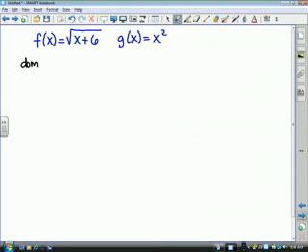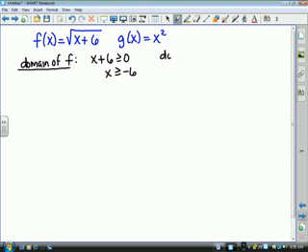Okay, so we would say, okay, what is the domain of f? So how do I do that? Greater than or equal to 0. Make that 6 over, greater than or equal to negative 6. Okay, what's the domain of g? All real numbers. Polynomial, right? All right.